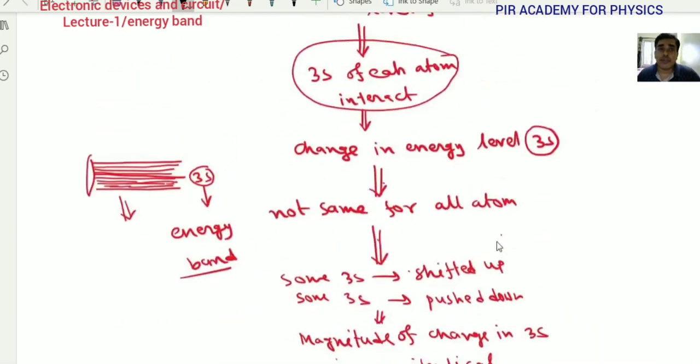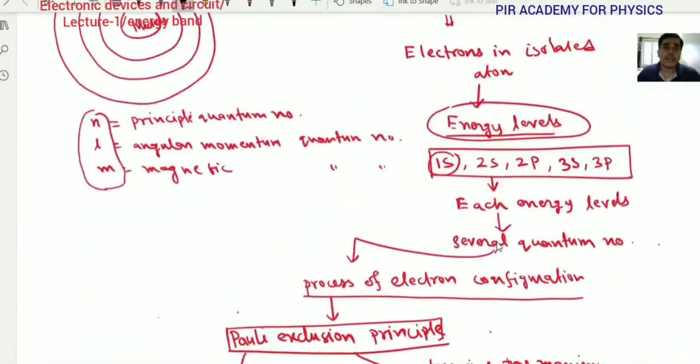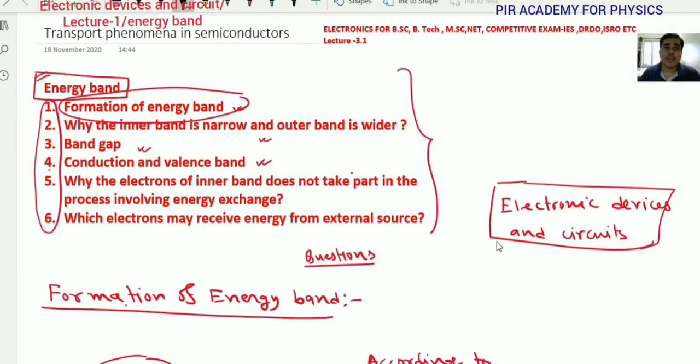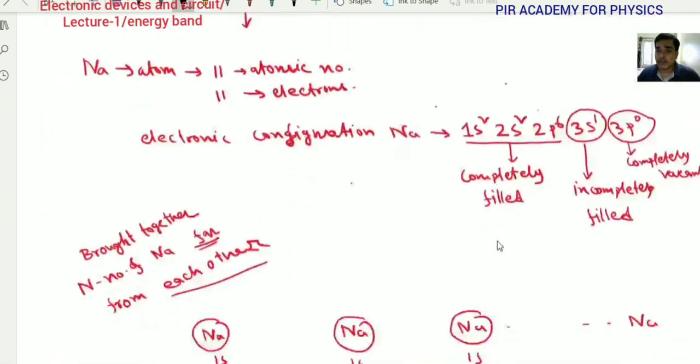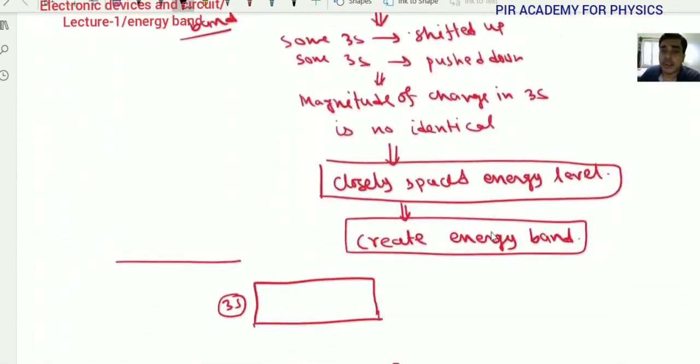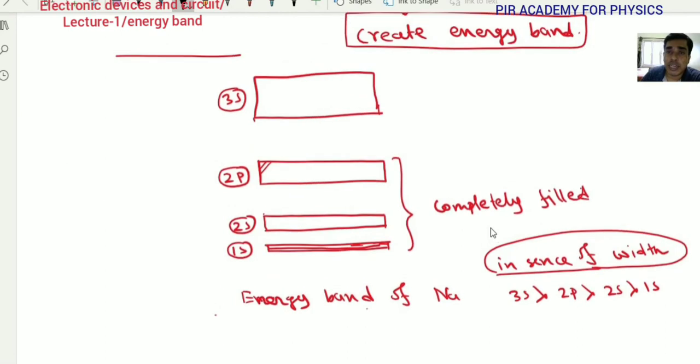The second question is why the inner band is narrow and the outer band is wider. This is question number 2. Here I will answer question number 2.